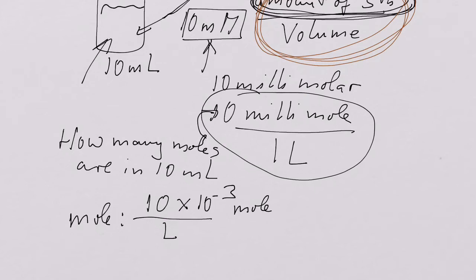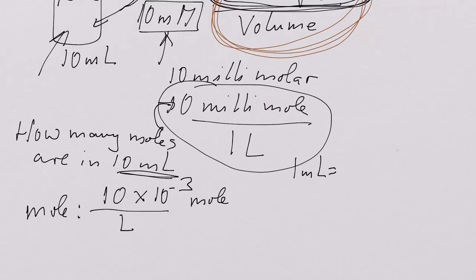Now we've got our moles. We need to get rid of the liter. Do we have liter anywhere? We know that 1 milliliter equals how many liters? 10 to the minus 3 liters. Exactly.